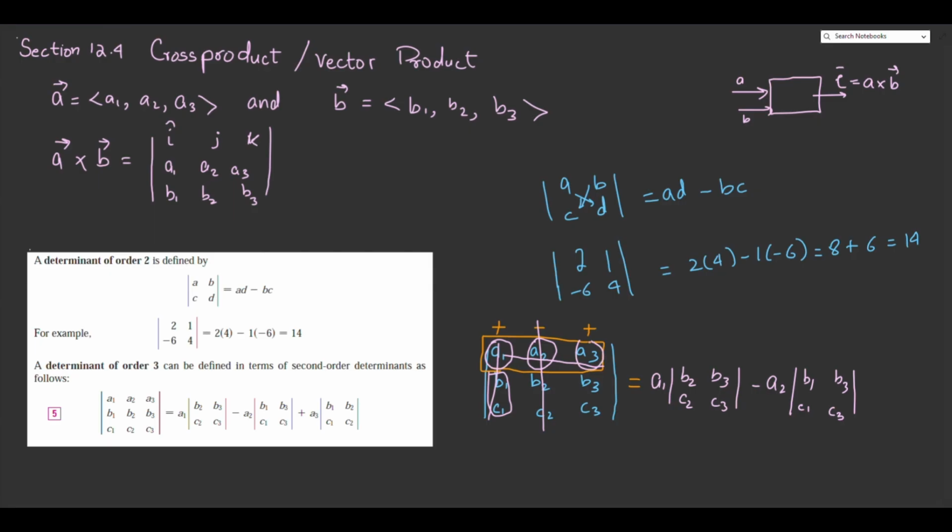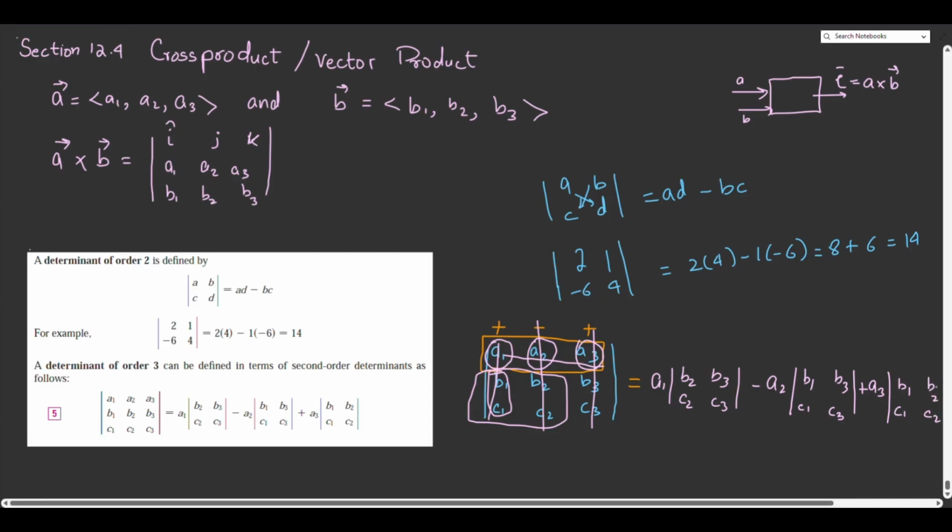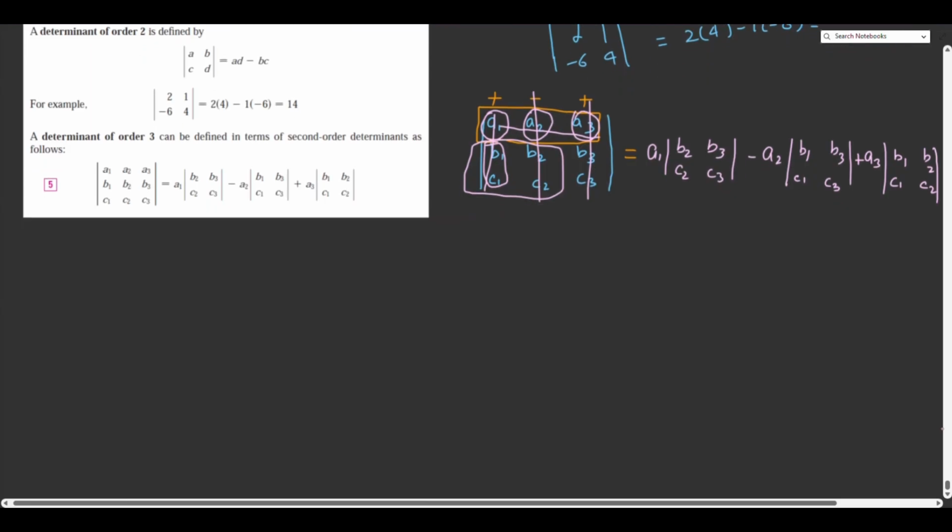The next is plus A3, and now we cancel the third column, and we get the entries B1, C1, B2, C2. That's how you can find the determinant. This is the formula for finding the determinant.